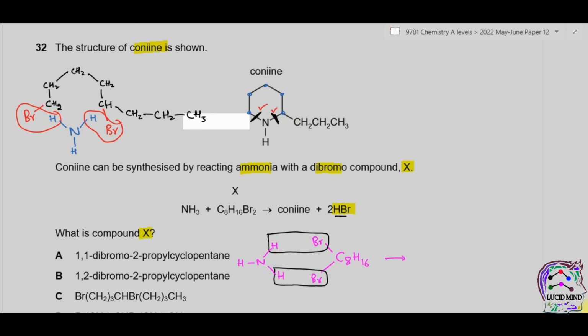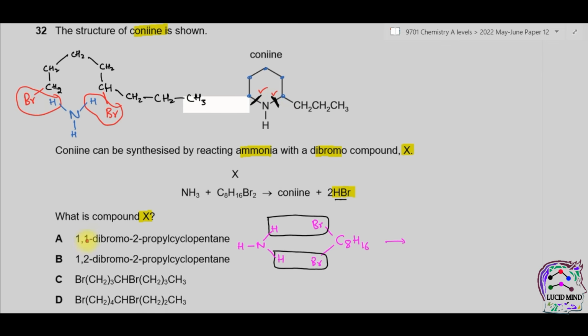So let's see. We have the names and the structures. Let's first draw the structures. We have bromine, then CH2, a bromine and CH2. Then we have 1, 2, 3 more CH2s.